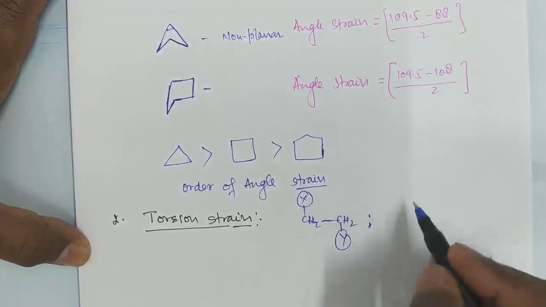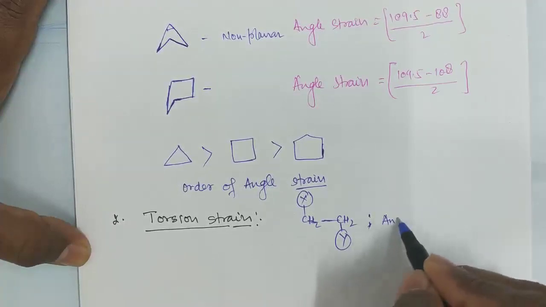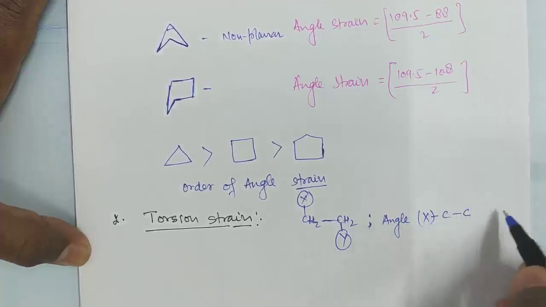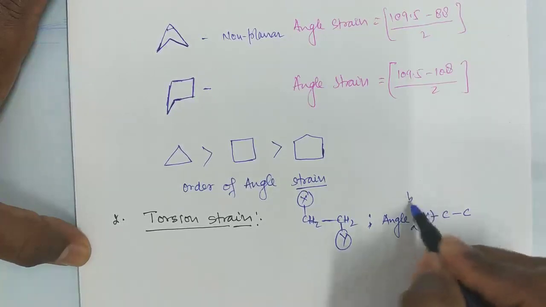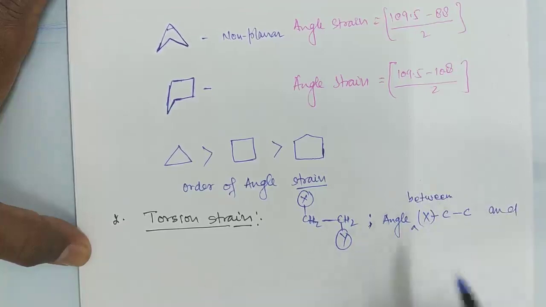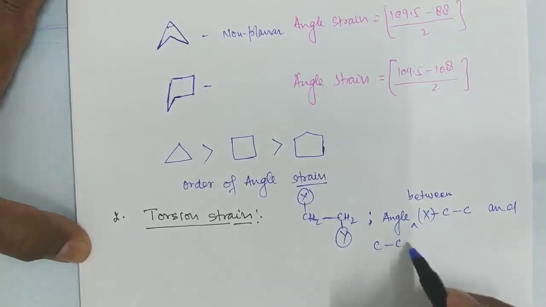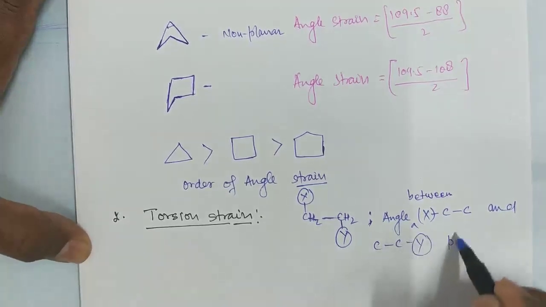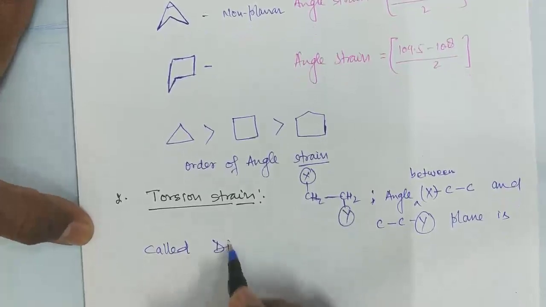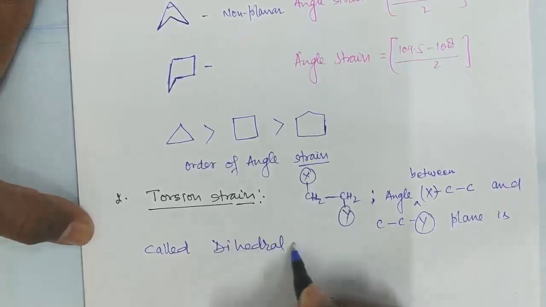So what is the angle? The angle between the XCC and CCY planes is called the dihedral angle.